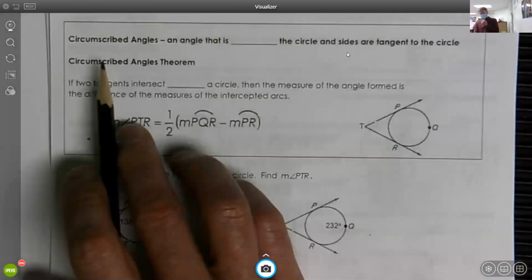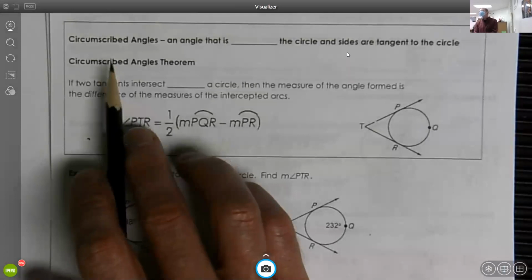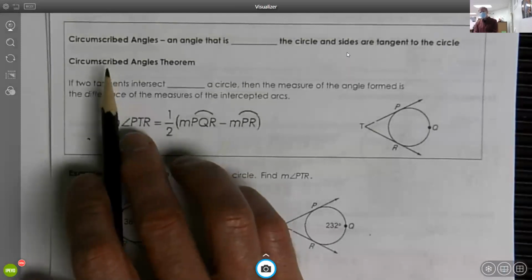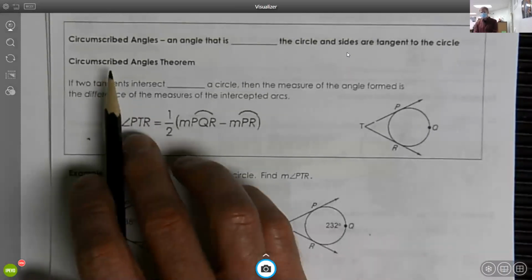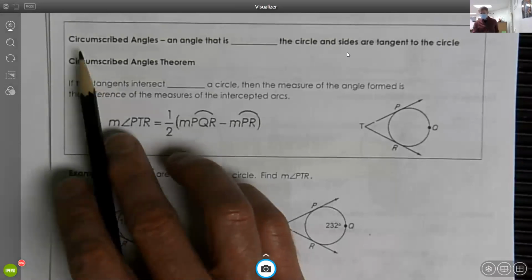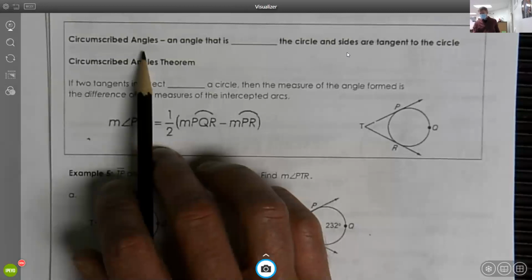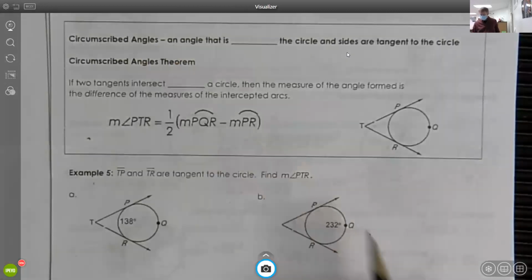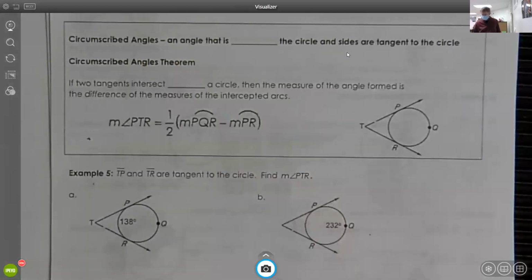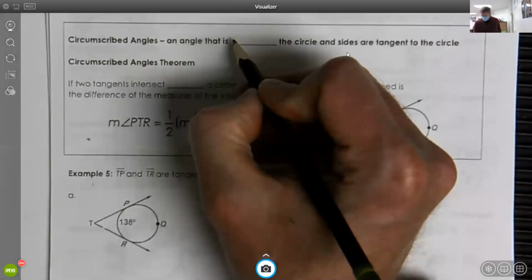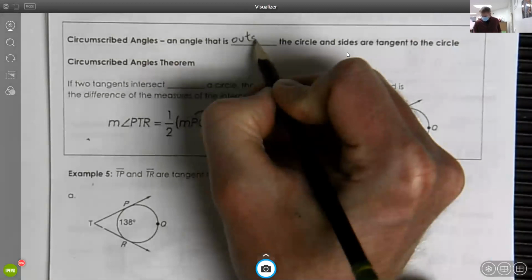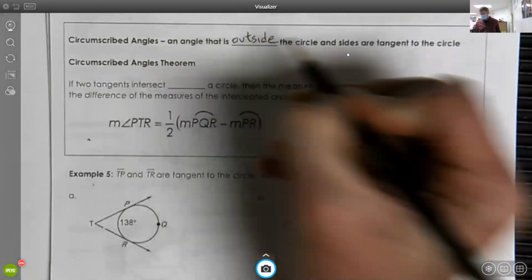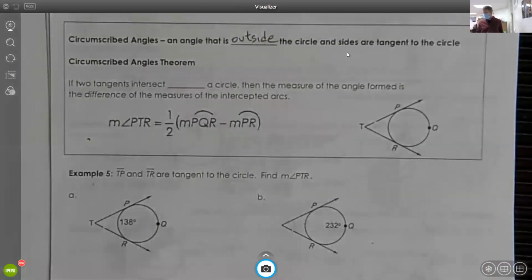So next, we have already talked about an inscribed angle. That's an angle that's on the inside of the circle. Now we're talking about a circumscribed angle, an angle that is outside the circle, and the sides are tangent to the circle.